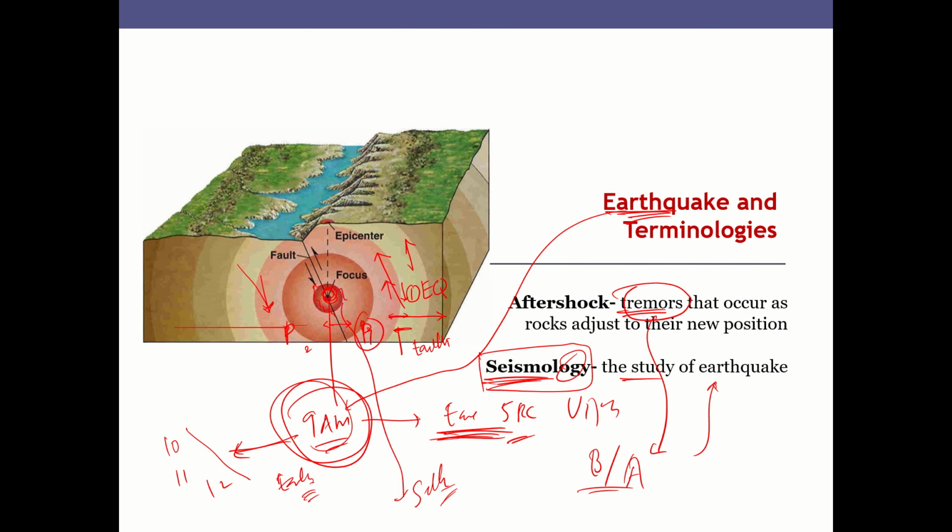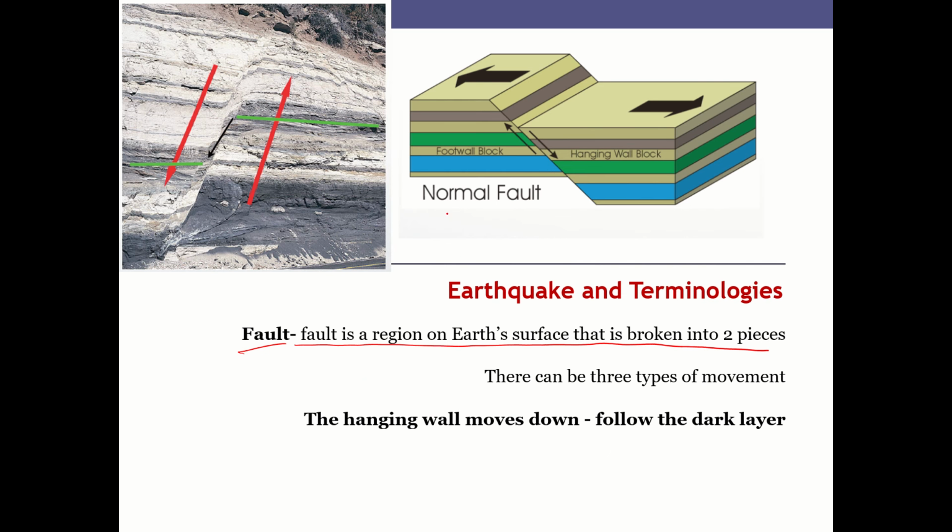For example, let us say we were discussing the interaction between tectonic plate 1 and tectonic plate 2. In technical terminology, the line between these two plates is called the fault line. That means this surface is different and this surface is different, and it can be visibly seen here.